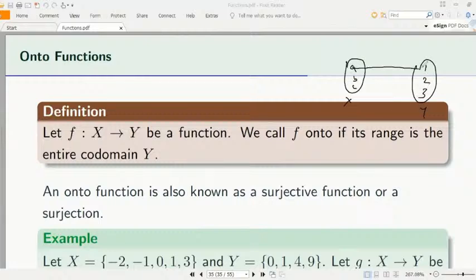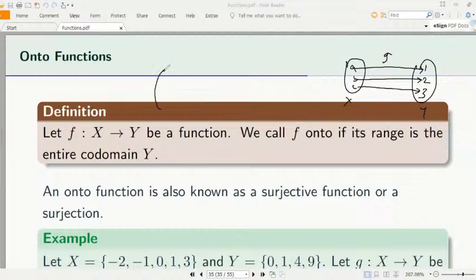Every element in the codomain is a member of the range. Here you can see that all elements in the codomain have been assigned an element in X. So this is an onto function. This G is an onto function because all these elements have been assigned elements.